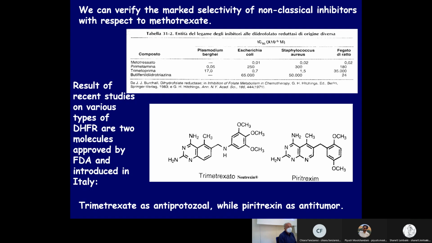So we are in the range of 10 to -10 molar. Very, very potent. The same potency against Staphylococcus aureus. But the problem, if you see, is the same toxicity against rat liver cells. This means that methotrexate is very potent, but it is not selective. High toxicity against the mammalian cells.